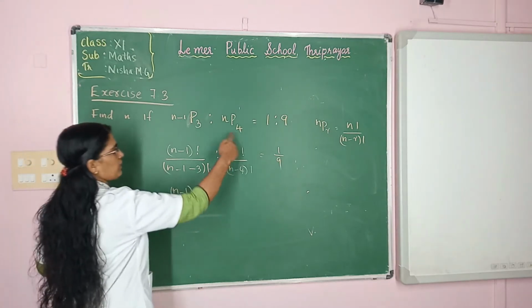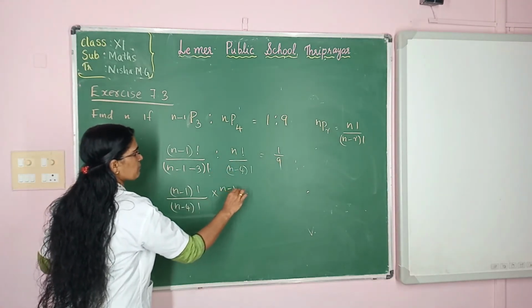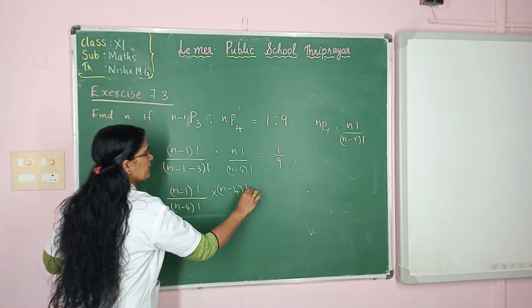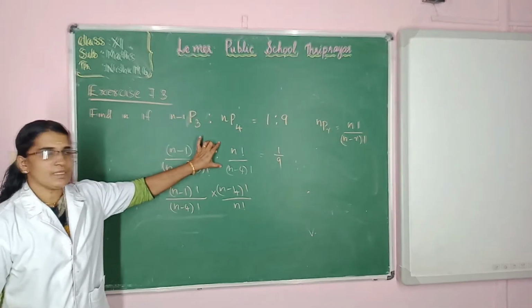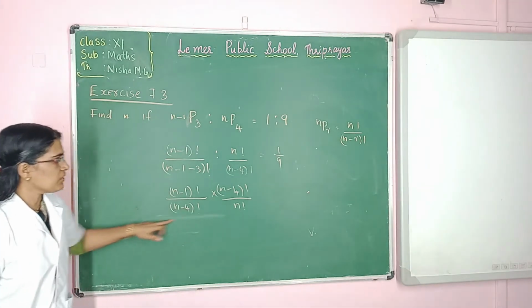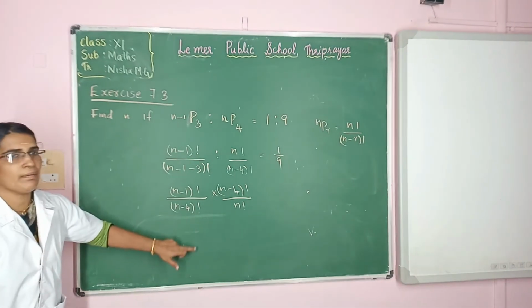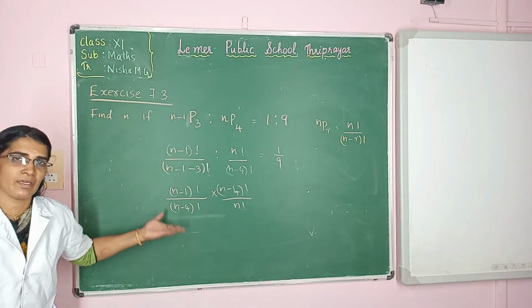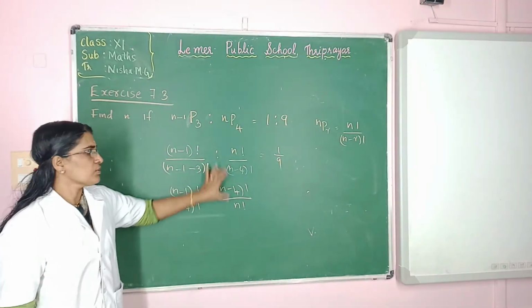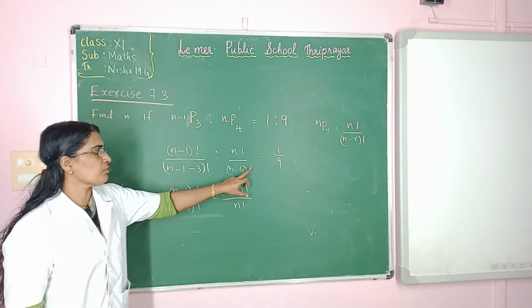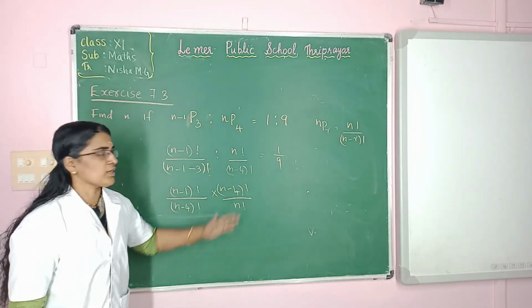So take the reciprocal of this number. It will be (n minus 4) factorial above and n factorial down.